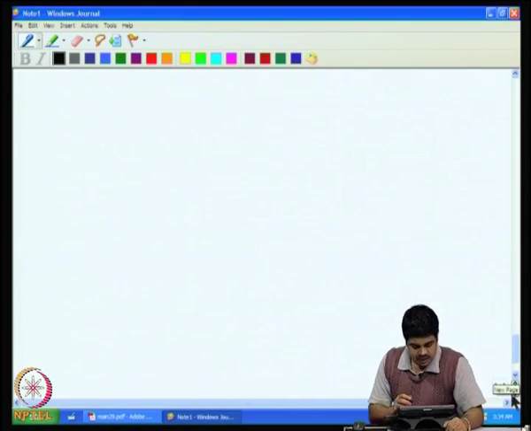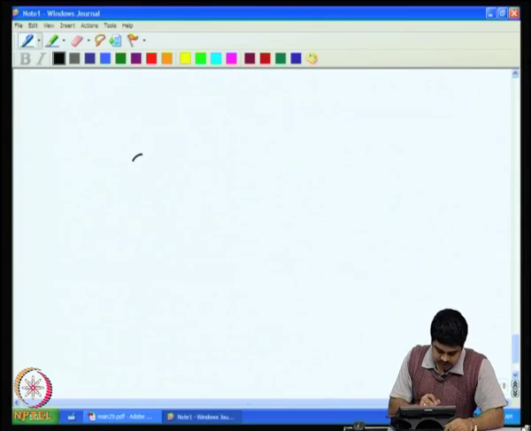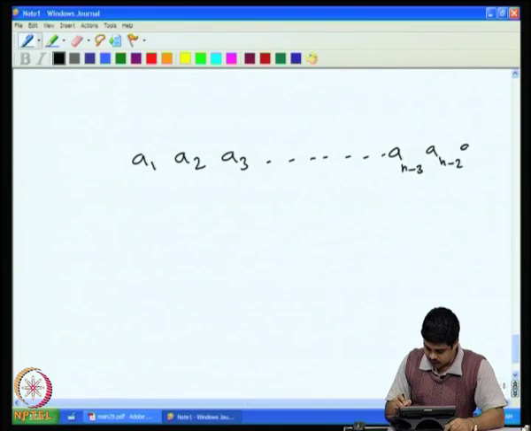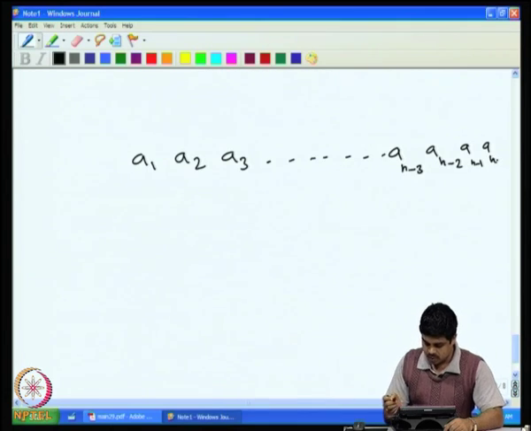Suppose this is the degree sequence a1, a2, a3, ..., a_(n-3), a_(n-2), a_(n-1), a_n.